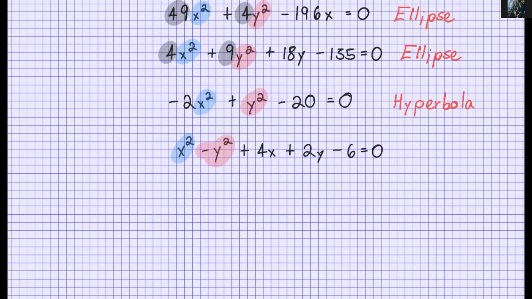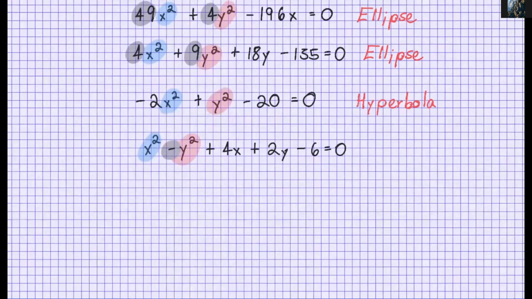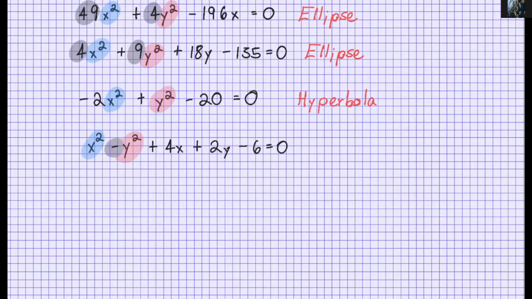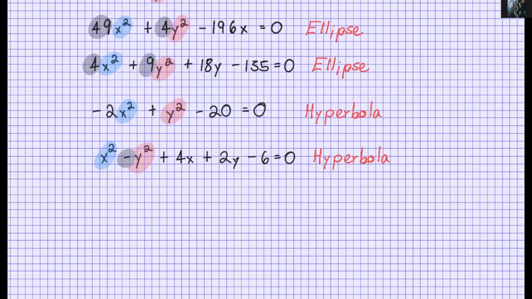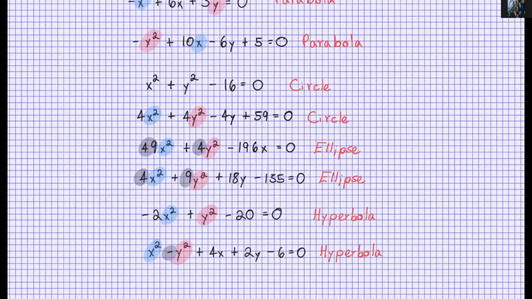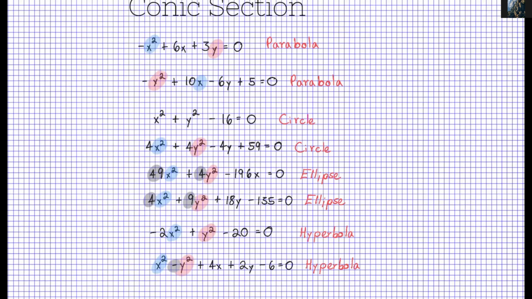Now, if you see, we have the y with a coefficient of -1. So, in the same way as before, we automatically know that this is a hyperbola. And that's it. That's how you identify them.